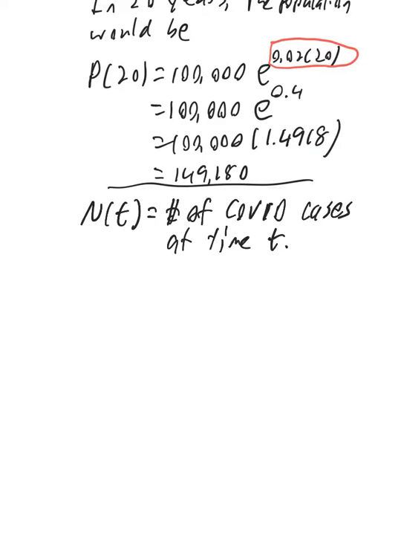And let's say I think today the number of cases in the U.S. is about 32,000 total cases. So 32,000 now.